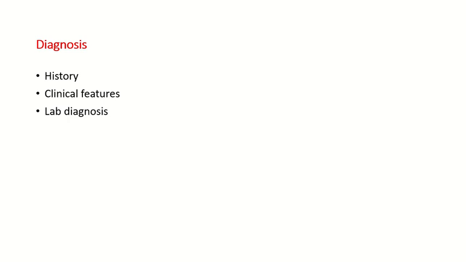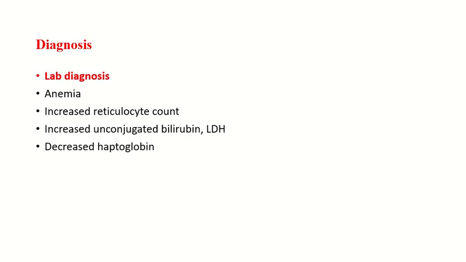Then clinical features: fever, jaundice, pallor, and lab diagnosis, in which we measure the level of the enzyme. On blood CP, the patient will have anemia. The retic count will be increased. All features of hemolysis: anemia, increased retic count, increase in unconjugated bilirubin and LDH, and decrease in haptoglobin level.